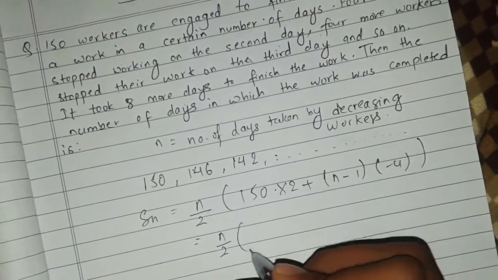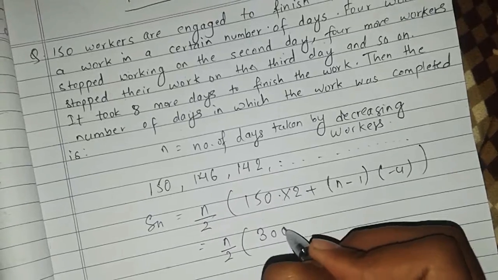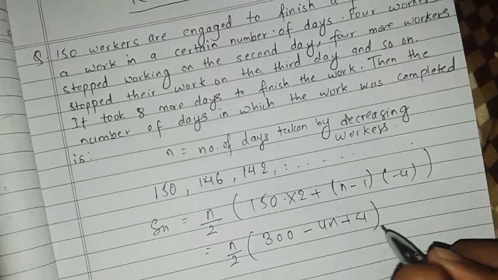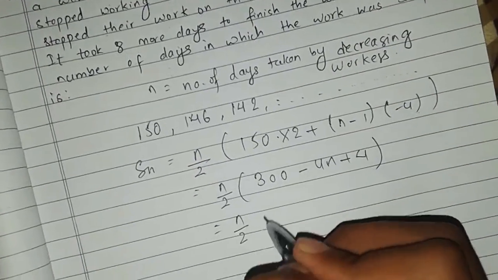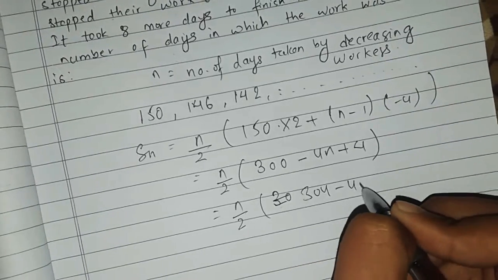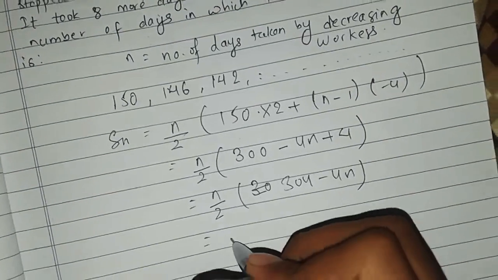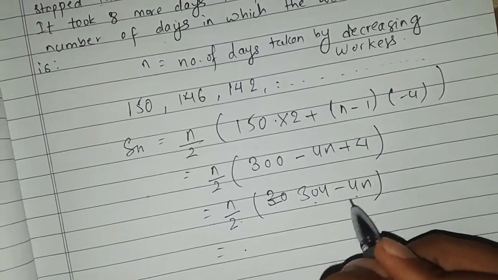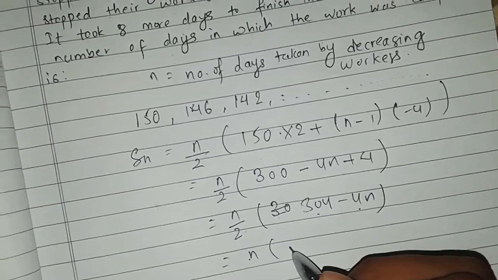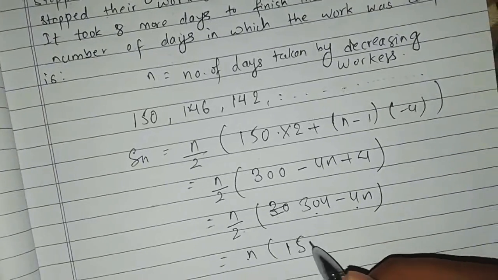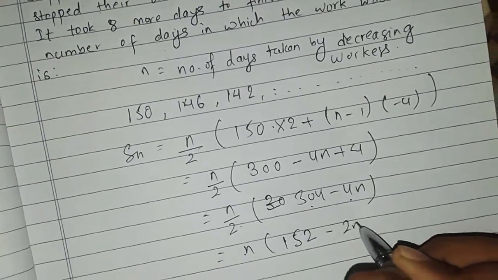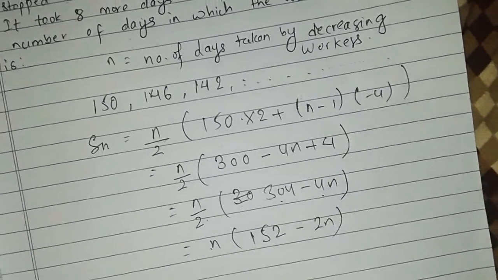So n by 2 into 300 minus 4n plus 4 is equal to n by 2 into 304 minus 4n. If you write down like this, then divide 2 into these two numbers, it will be n into 152 minus twice n. So we have got this number.